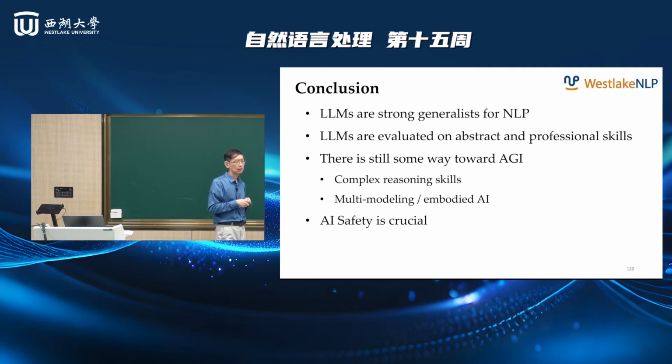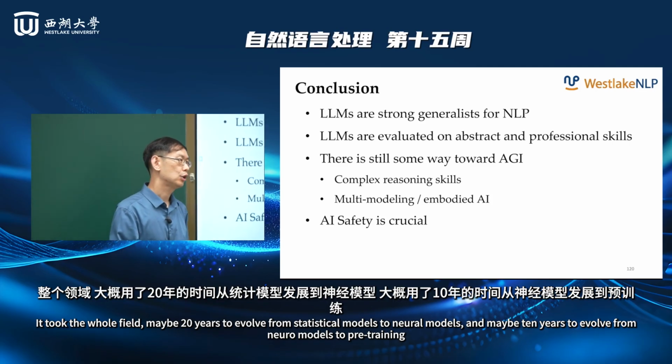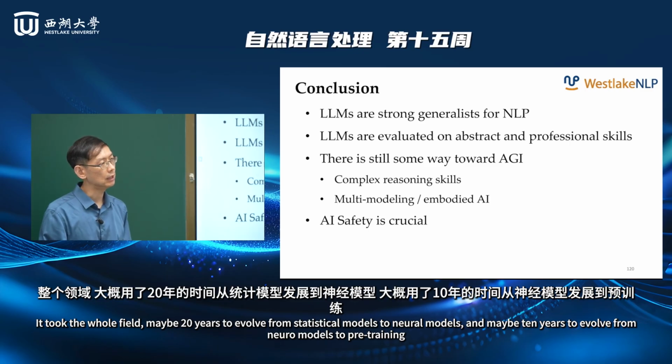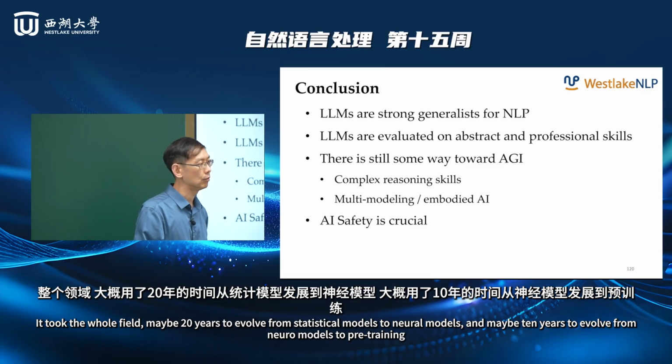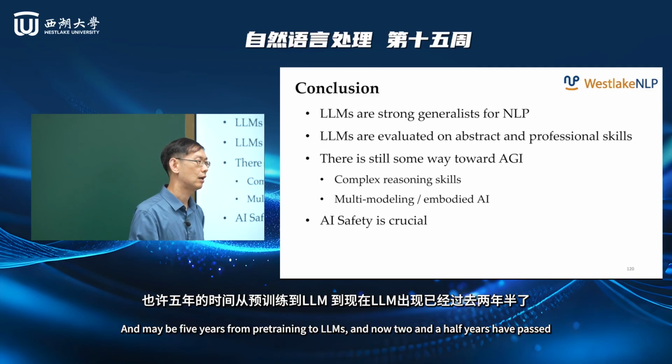It took the whole field maybe 20 years to evolve from statistical models to neural models, and maybe 10 years to evolve from neural models to pre-training, and maybe 5 years from pre-training to LLMs. And now 2.5 years have passed. I think that the evolution of this field is very fast.